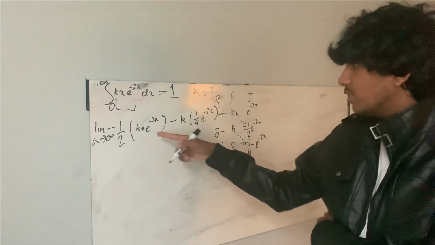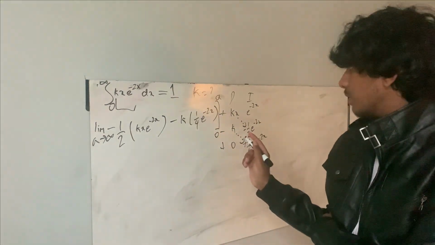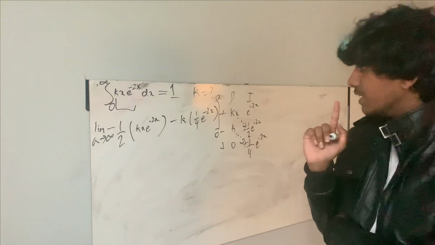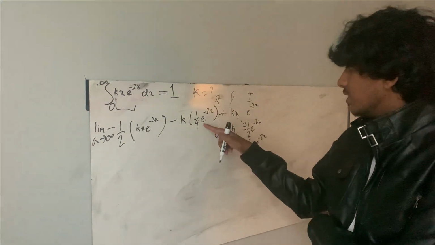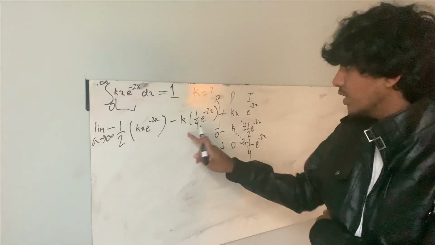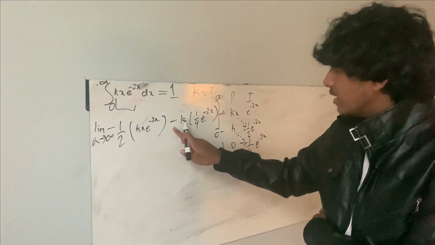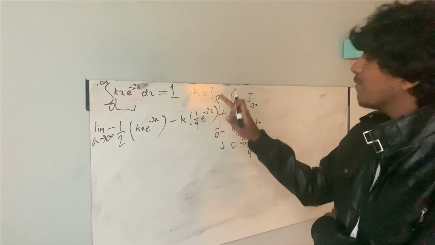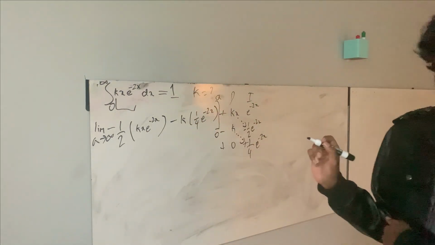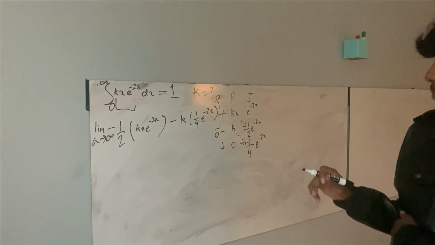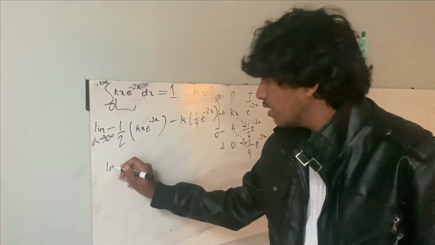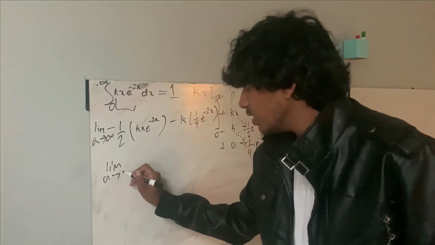If I plug in 0, this becomes 0, so that's good. If I plug in 0 into this, it's going to be minus, e to the 0 would be 1, so it's going to be minus negative k over 4. So it's going to be plus k over 4. So let's now put all the a's in so we can evaluate our limit. So limit as a approaches infinity.